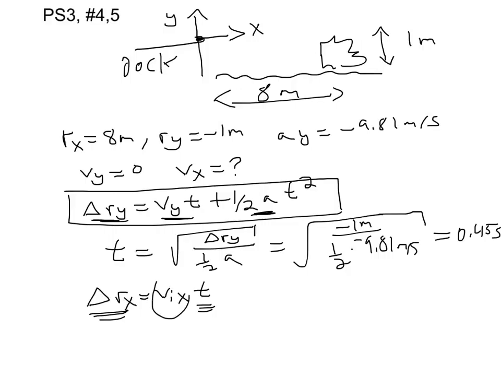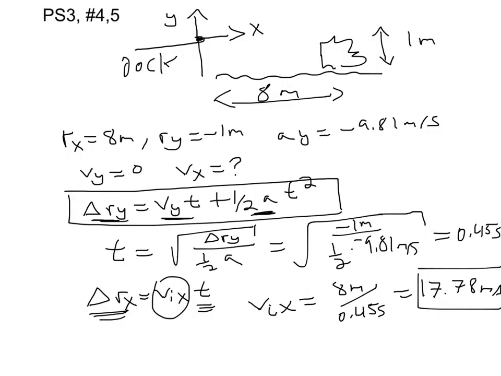So we can solve for the velocity in the x direction. Initially it is equal to 8 meters divided by 0.45 seconds, which gives us 17.78 meters per second. So this is our answer to problem number 4.